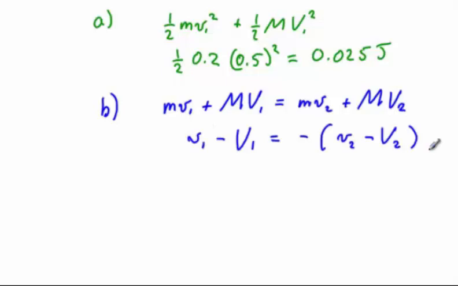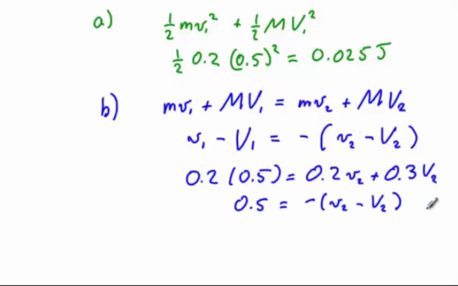Since we know the masses of both objects and we know the velocity of the smaller object at moment 1, we can fill those in, leaving us with two equations in two unknowns. We can solve these by solving one of the two equations for one of the unknowns, plugging that into the other equation, and proceeding with the algebra.